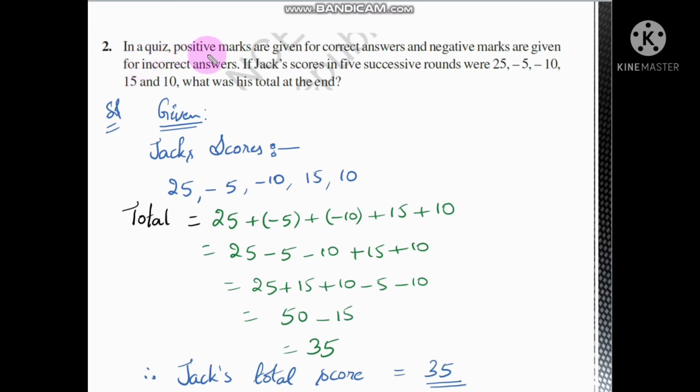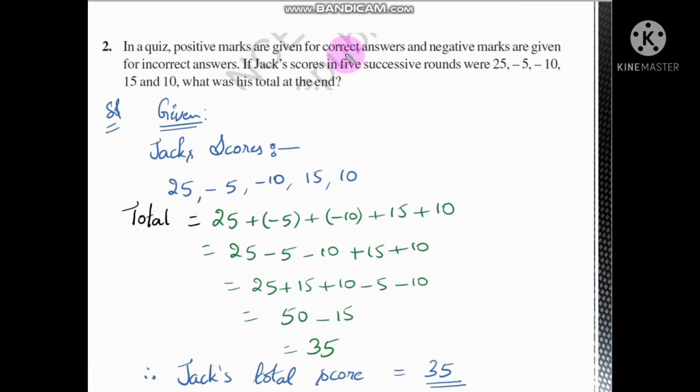Question number 2. In a quiz, positive marks are given for correct answers and negative marks are given for incorrect answers. If Jack's scores in 5 successive rounds were 25, minus 5, minus 10, 15 and 10, what was his total at the end? So here a quiz is conducted and marks were allotted.